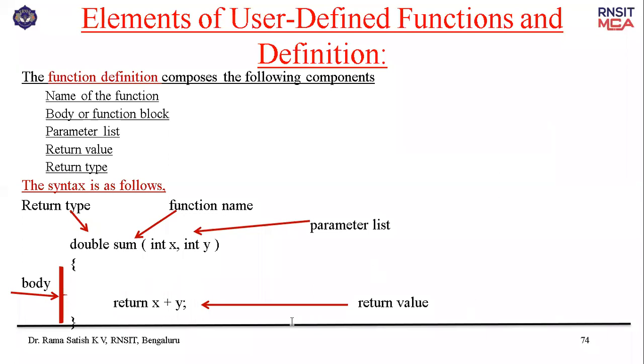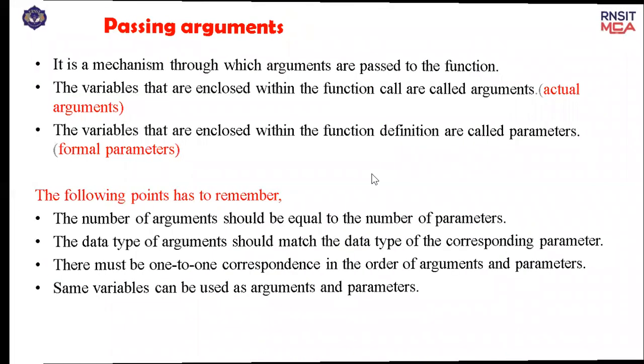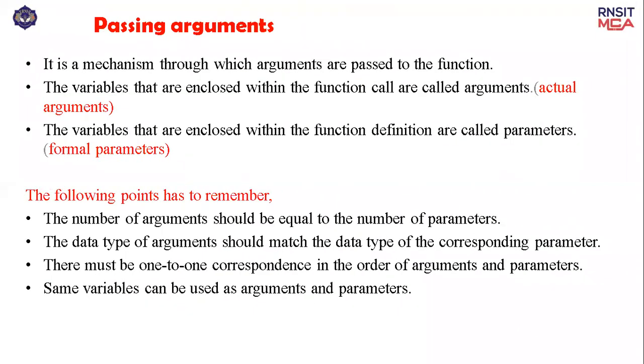The same thing is being told in the next slide. It is a mechanism through which the arguments are passed to the function. The variables that are enclosed within the function call are called arguments. And sometimes in some books, they are also called actual arguments.